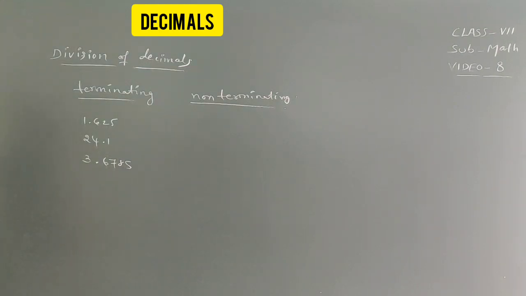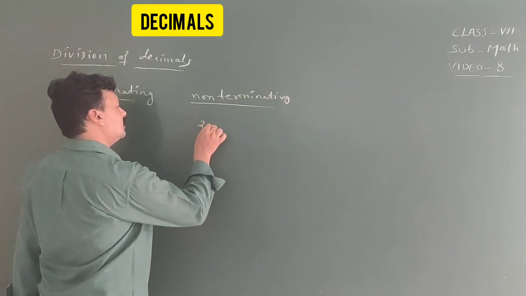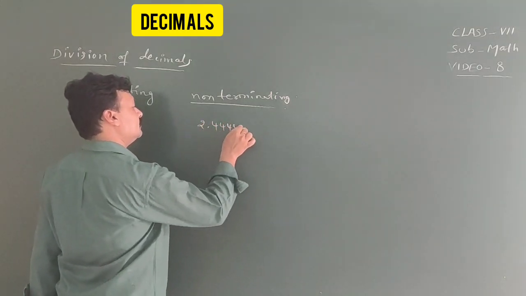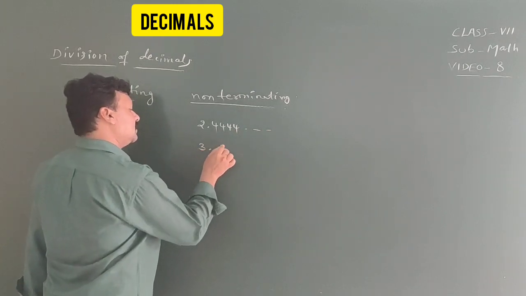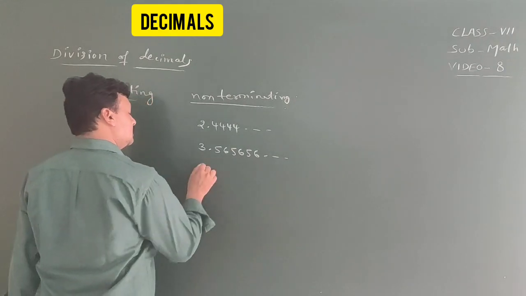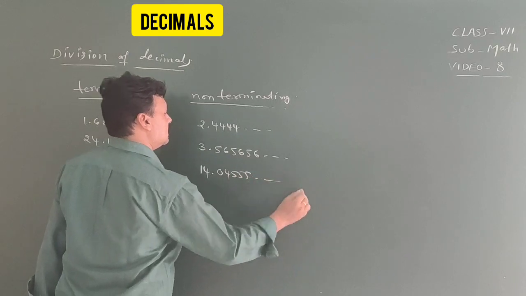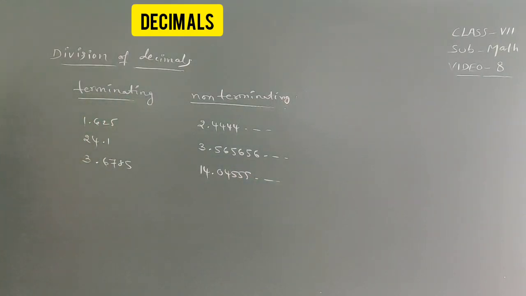Like this, there is an ending decimal place. Non-terminating means there is no end in the decimal places, like 0.444 and so on, 3.5656 and so on, 14.0455 and so on.